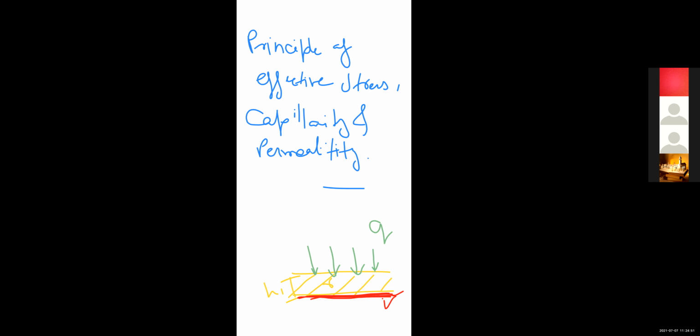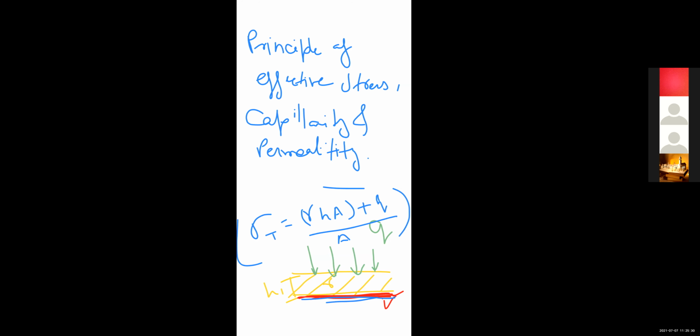Total normal stress we can write: sigma T equal to gamma into H into A, this value gives the weight of the soil, plus this force Q, divided by A. So this value gives the total normal stress acting on this surface.